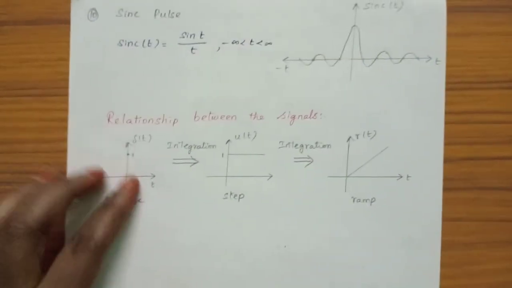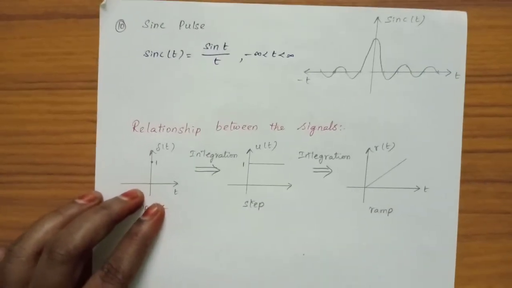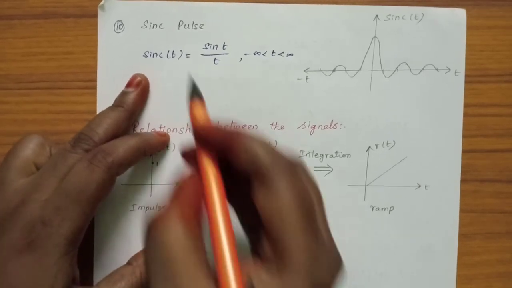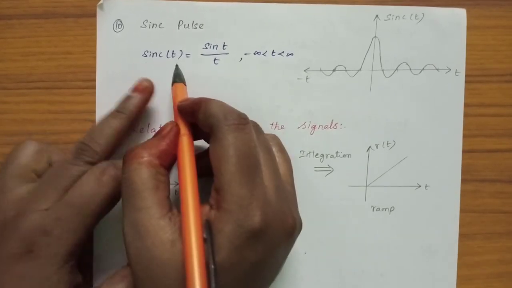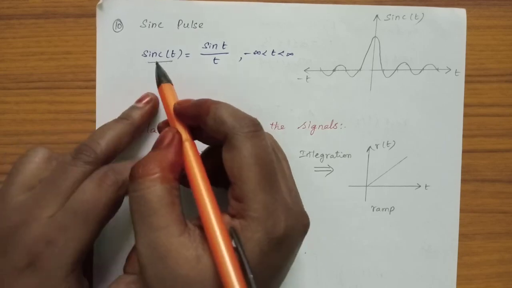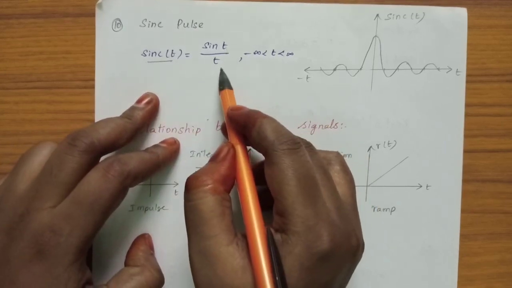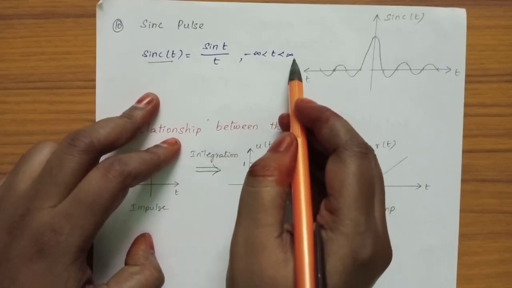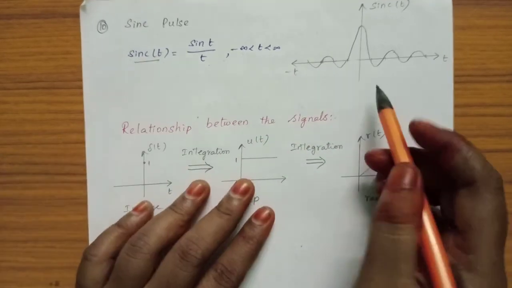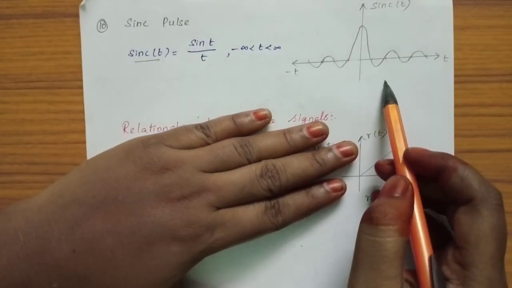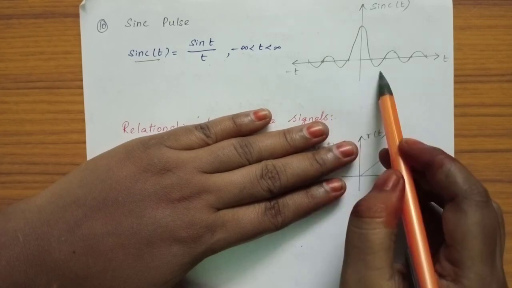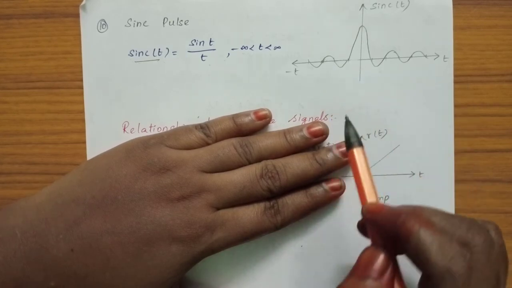Okay, and last, sinc pulse. Okay, that is SINC, sinc of t. It is denoted by sinc of t equal to sin t by t for minus infinity to plus infinity. Okay, this is a graphical representation of the signal.